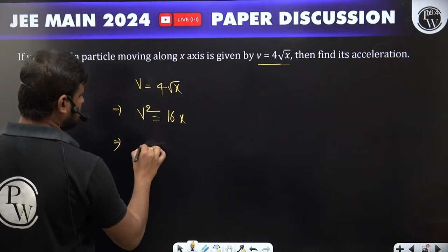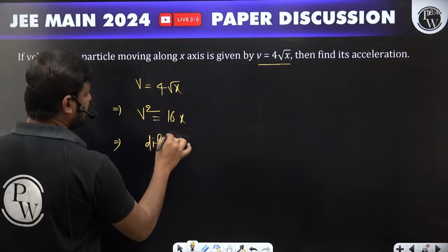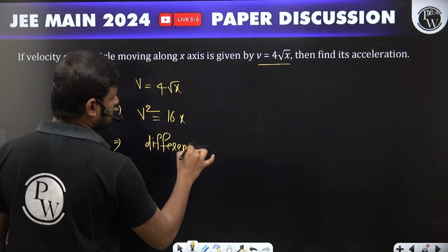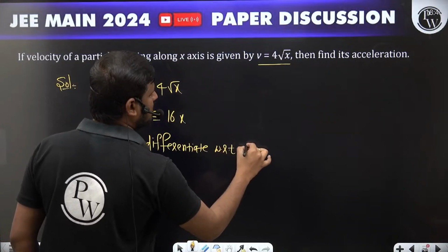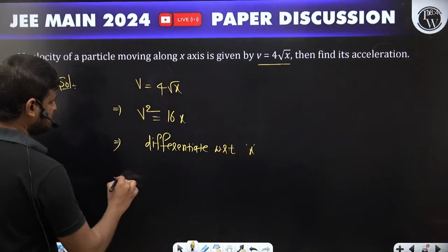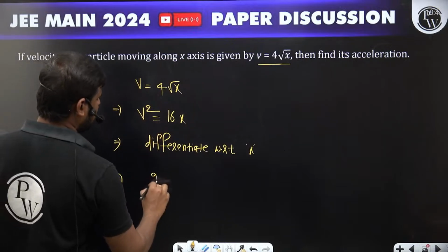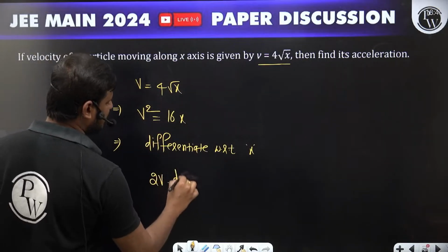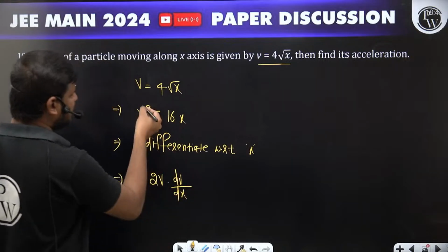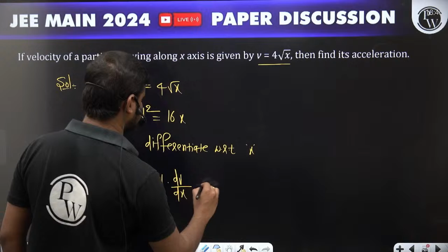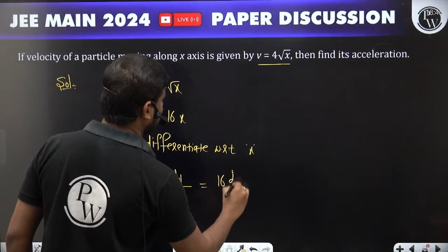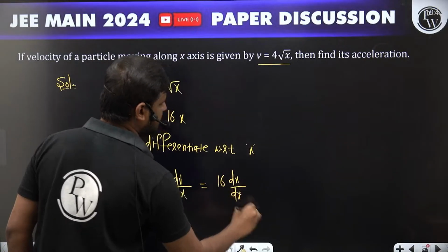Differentiate with respect to x on either side. Then it becomes 2v into dv by dx, since the differentiation of v square is 2v dv by dx, equals 16 into dx by dx, which is 1.